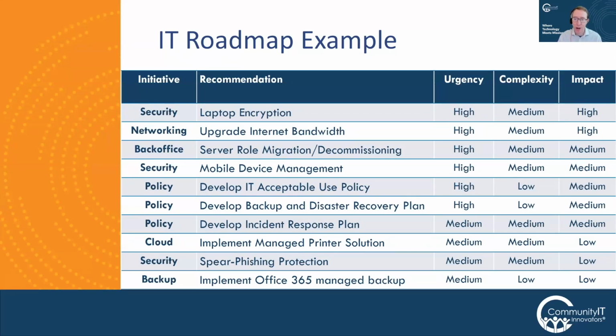That's a great question, Carolyn. And it raises a great point, which is it should really be a collaborative effort between the non-IT key stakeholder, oftentimes the COO, director of operations, whoever IT is reporting to, that has a wider understanding of what's going on in the organization.